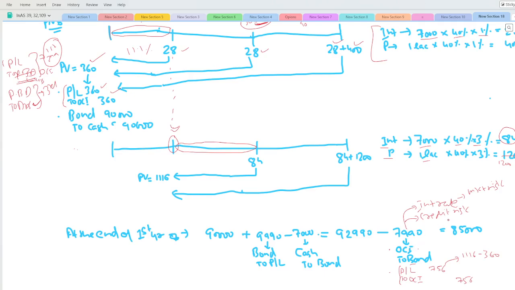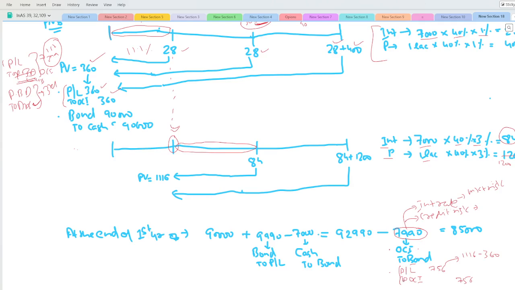So whatever the amount, if there is a reduction due to the credit risk deterioration, you need to charge it to the P&L. So you are transferring from OCI to P&L. So from the P&L you are charging whatever the reduction is from the credit risk. So this 7990 is a total reduction. It's because of the interest rate and because of the credit risk, and whatever relates to the credit risk you are charging to the P&L.